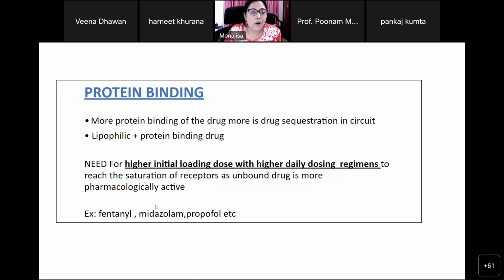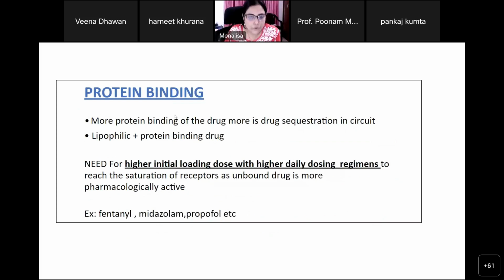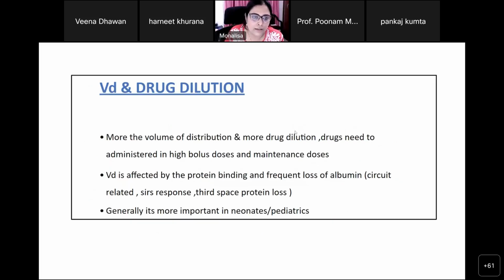That's obvious, isn't it? So what type of drugs are going to come here which have high lipophilicity and high protein binding? One is fentanyl, one is midazolam, and propofol. So please remember these factors before deciding the dosing of your drugs. Lipophilicity and protein binding are going to decide the drug sequestration in the circuit.